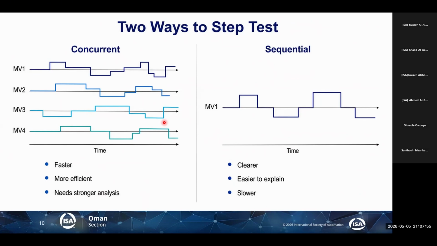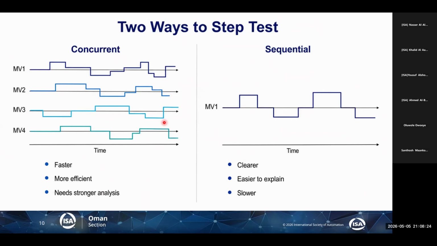It's faster. Imagine you have 10 handles, 10 manipulated variables. This is faster, but it needs more discipline and much more planning, and stronger identification tools, because you cannot judge by your own eyes what model is this between this MV and that CV.